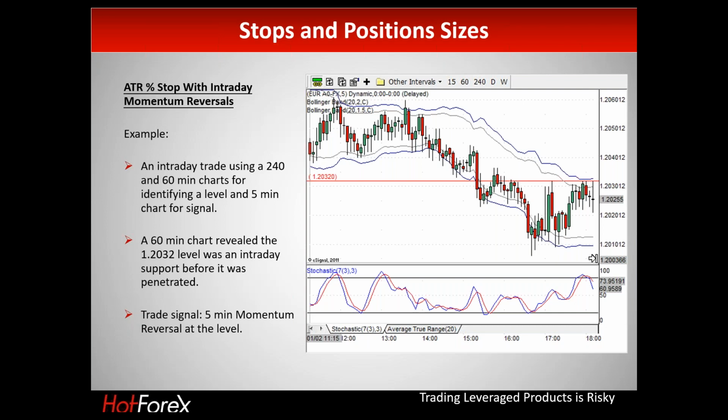So let's assume that we have this euro dollar chart. This is a 5-minute chart, by the way. It was consolidating, right?